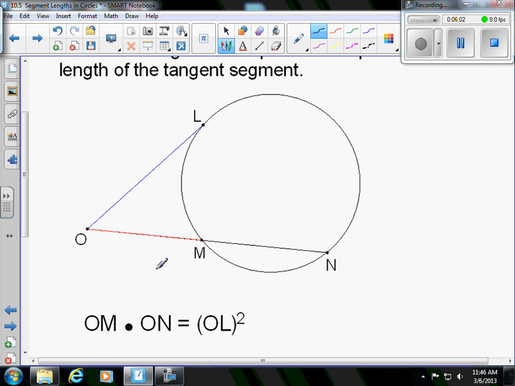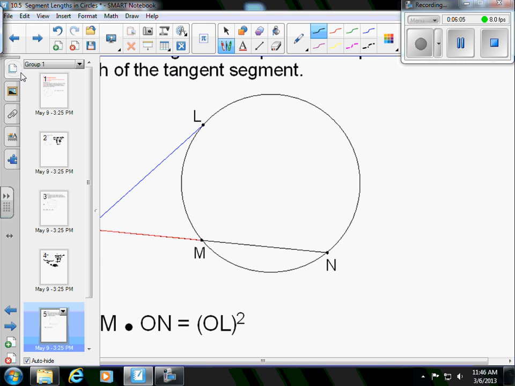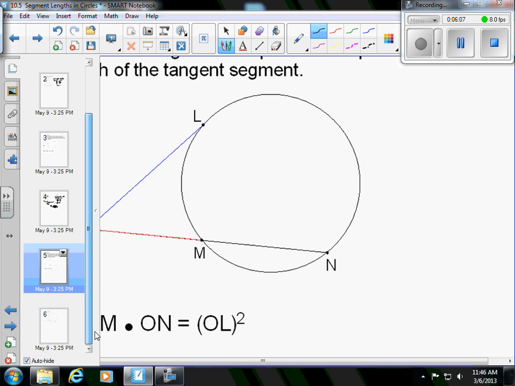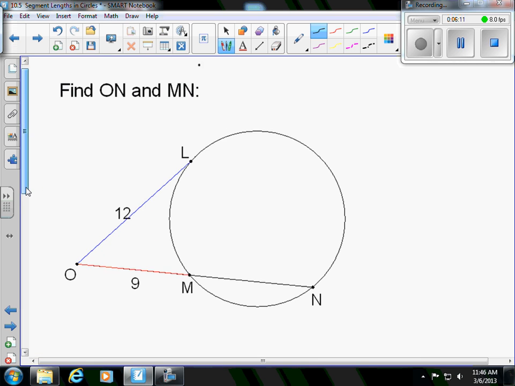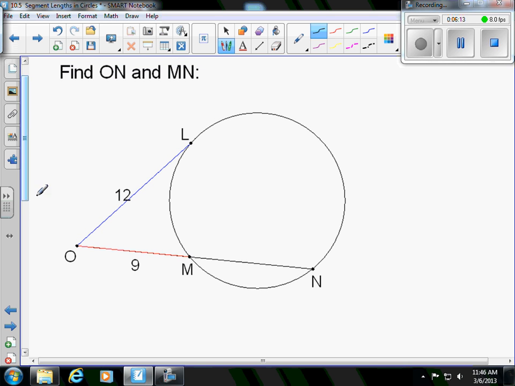Now, what we're going to do is see how this formula works. So you're given this scenario, and you're asked to find ON and MN. So let's use our formula first of all. We know that OM times ON is equal to OL squared.